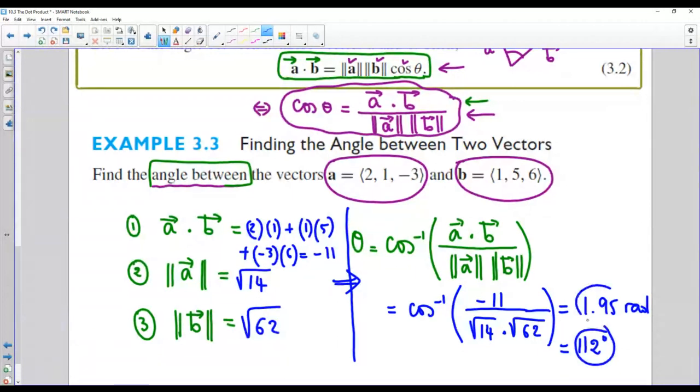So this is fine, or this is fine. It's up to you, whatever you want to write is okay. If they ask you to give the answer in radians, you need to give this. If we want the answer in degrees, then you need 112 degrees.